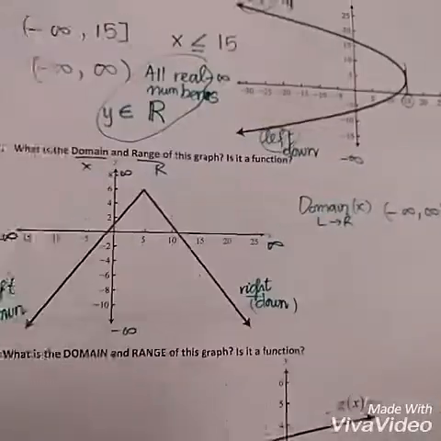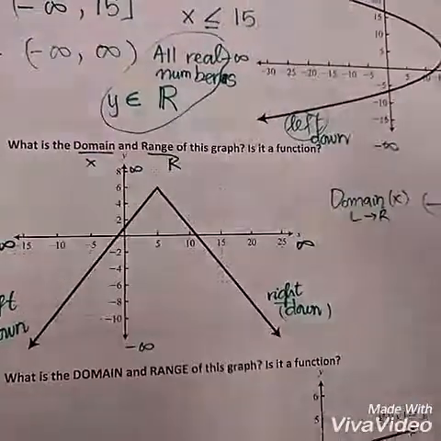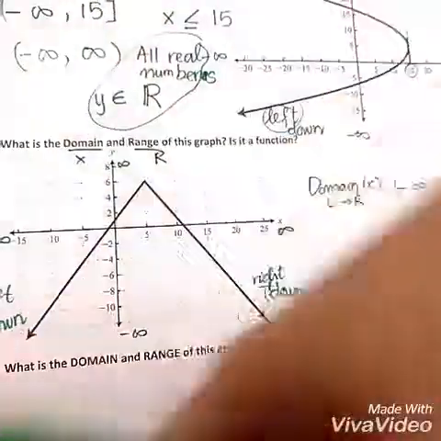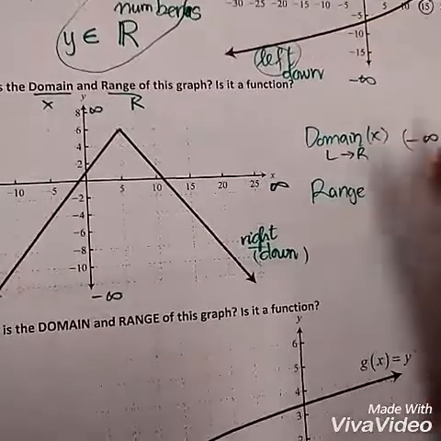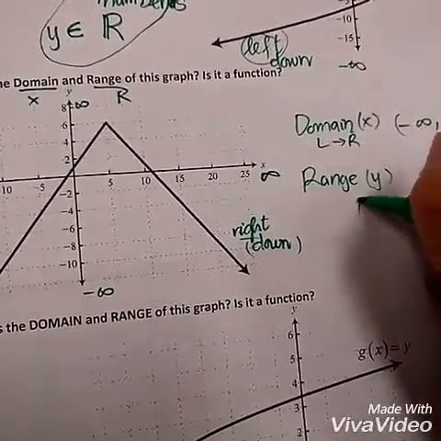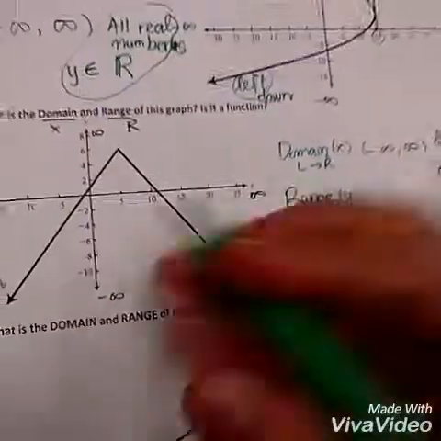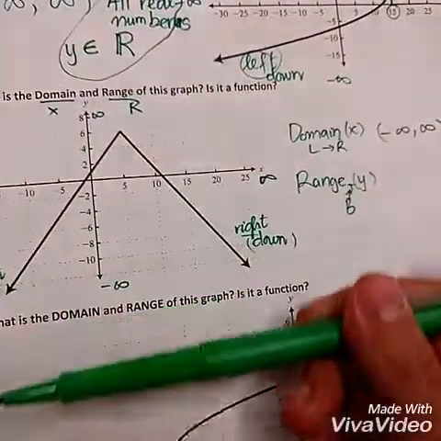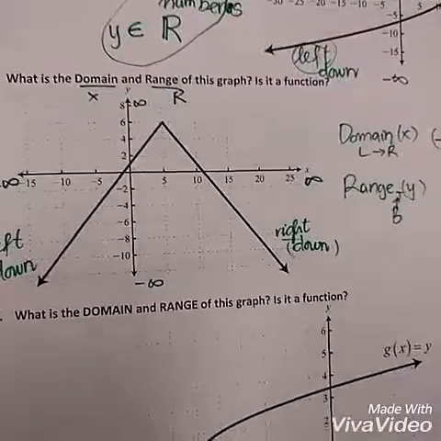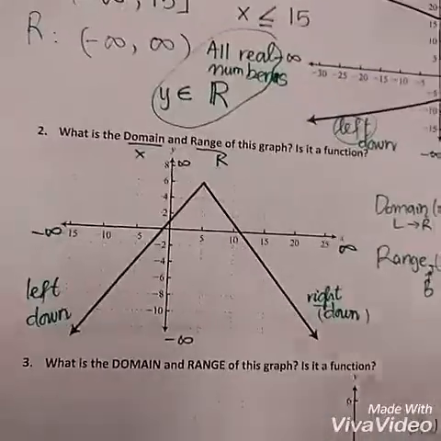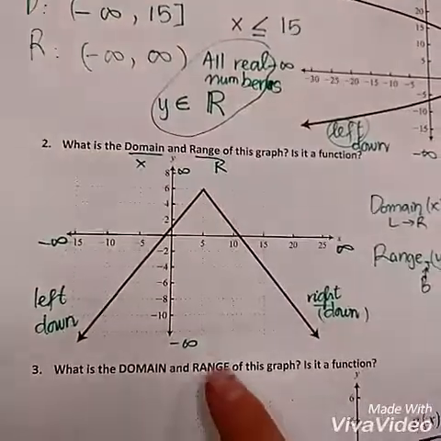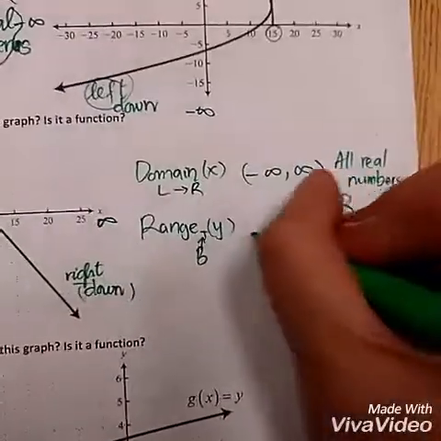Good. And the range, we're looking at where the graph is pointing to. So range, remember that's bottom up. That's your y value. You're looking from bottom to top. This one keeps going, pointing down. It's getting smaller and smaller. So we're starting very low right here, which is negative infinity.